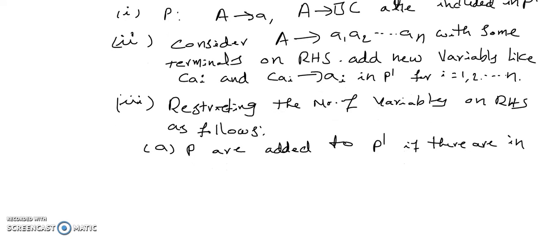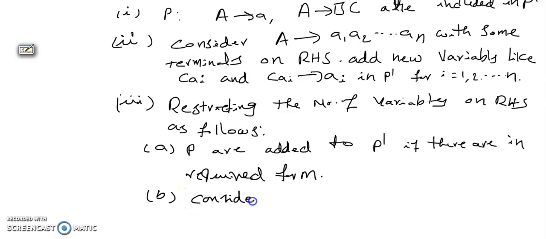It's like capital A tends to a single terminal, or capital A tends to two variables, the required form. And then consider the production A tends to A1, A2, and so on, Am, for m greater than or equal to 3.